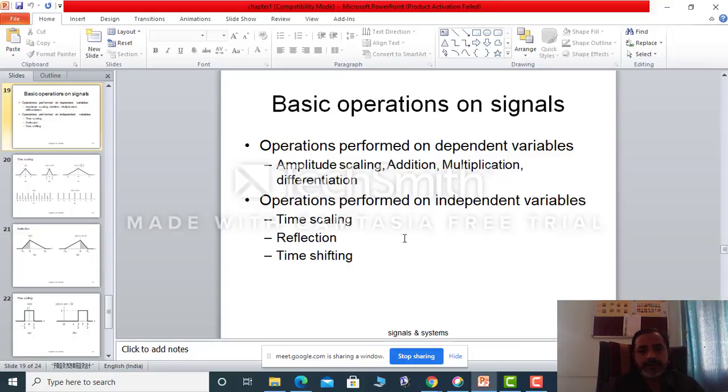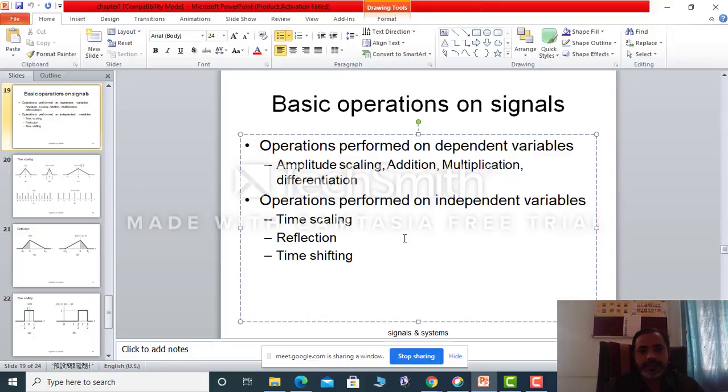First, you may write time scaling. Second, time reversal. Third, time shifting. We discuss the first one, time scaling.